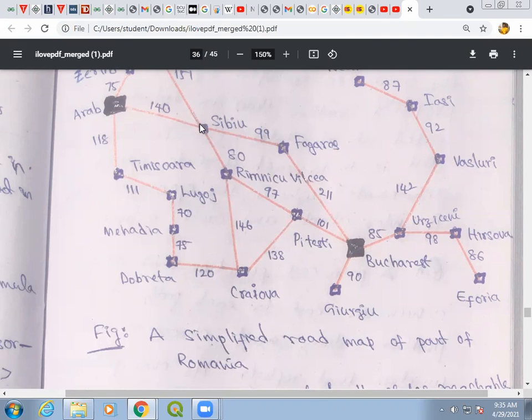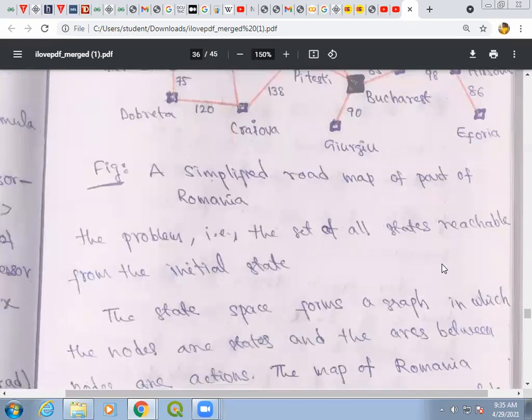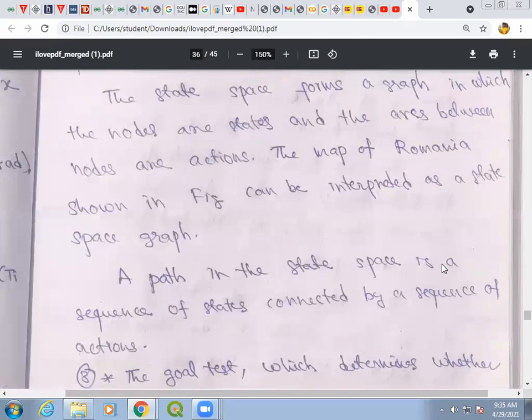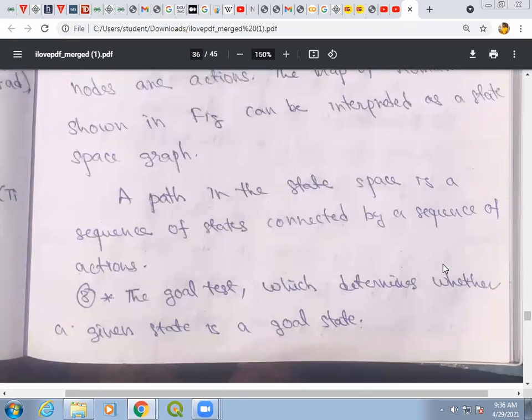So go to Sibiu, then it will reach Sibiu, yes or no? Go to Fagaras, then it will reach Fagaras. Then go to Bucharest, then it will reach Bucharest. So finally it is reaching Bucharest. The path in the state space is the sequence of states connected by a sequence of actions. So by performing a sequence of actions, it will reach a sequence of states, yes or no?